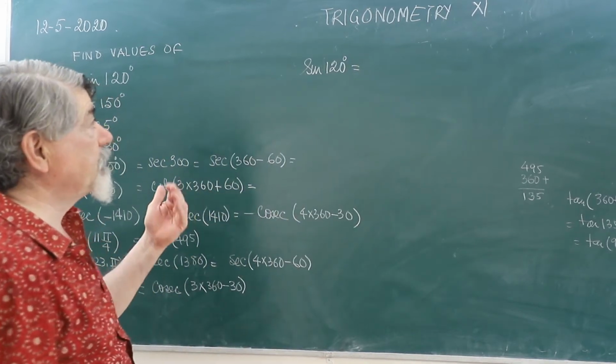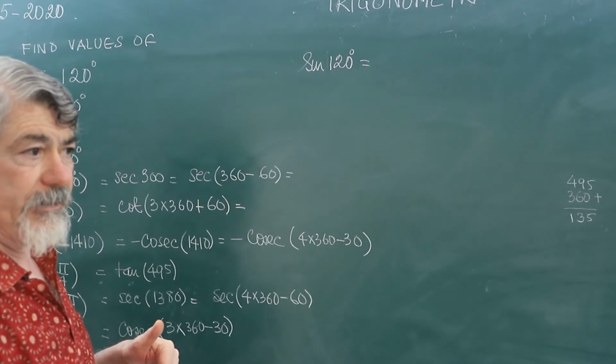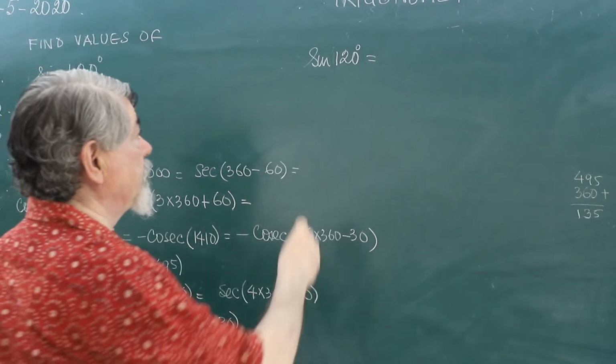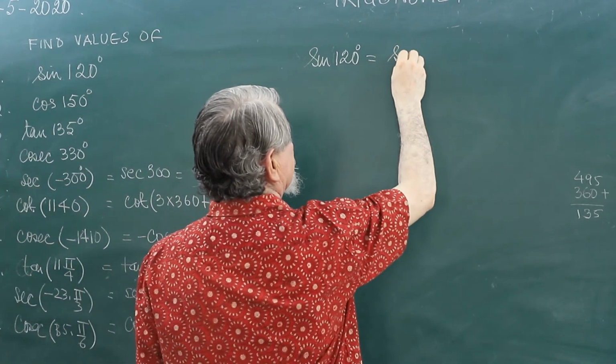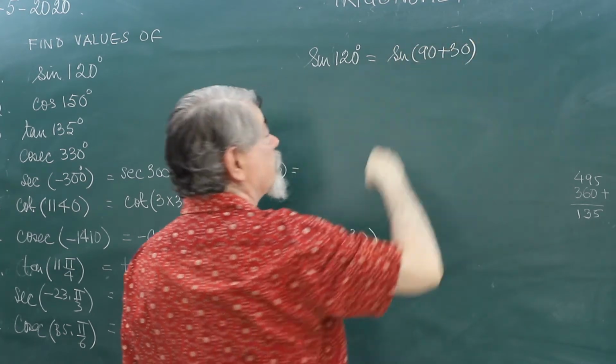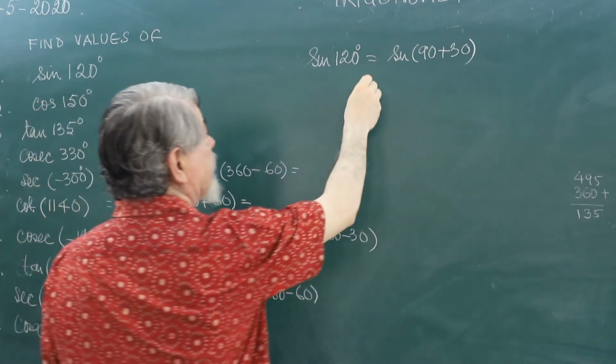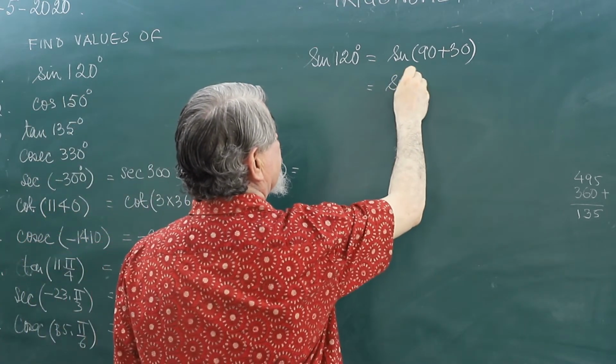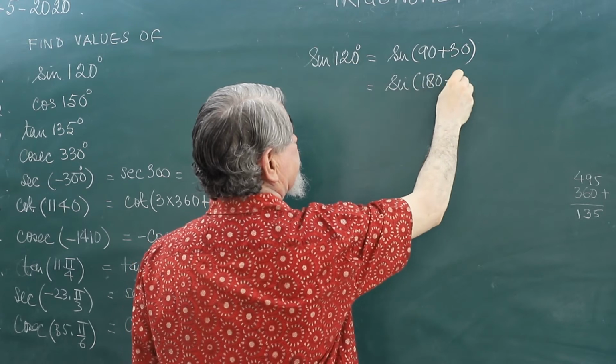I can write it as sine 90 plus 30, because 90 plus 30 will also make 120. Or I can write sine 180 minus 60.